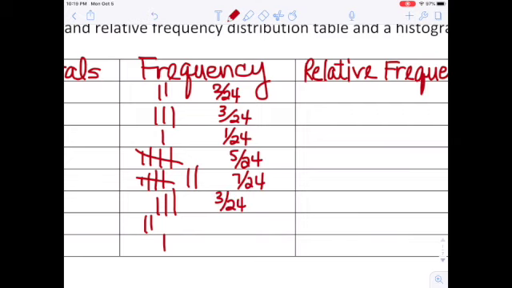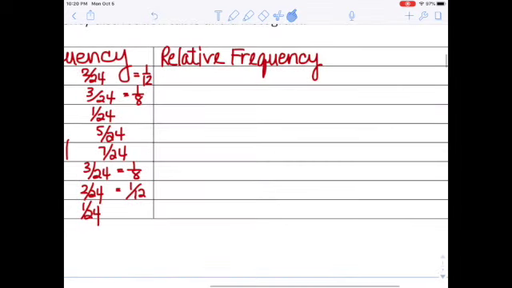If you want to reduce it, that's 1/8. Usually we prefer you do, so that's 1/12, and that's going to be 1/8. 2 over 24 is 1 over 12, and you have 1 over 24.